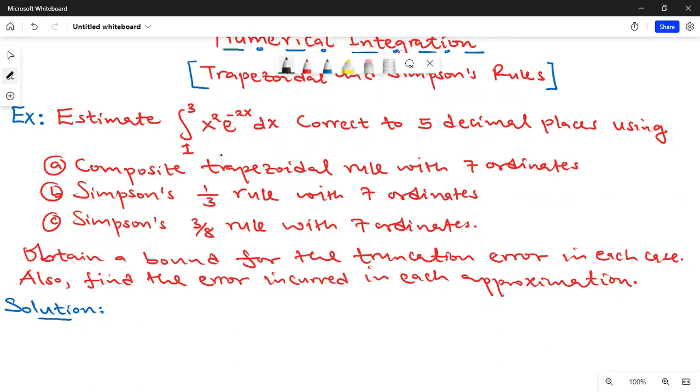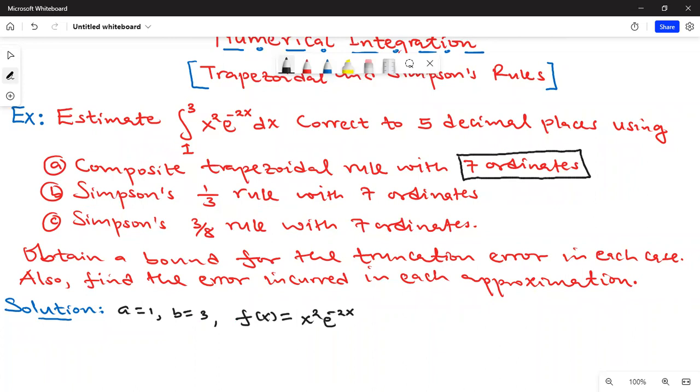So we can just write a summary here that a is equal to 1, b is equal to 3, f of x is equal to x squared exponential negative 2x. And we are told to use 5 decimal places accuracy. Of course, we will account for that later. What is important here is that in each case, we need to use 7 ordinates.